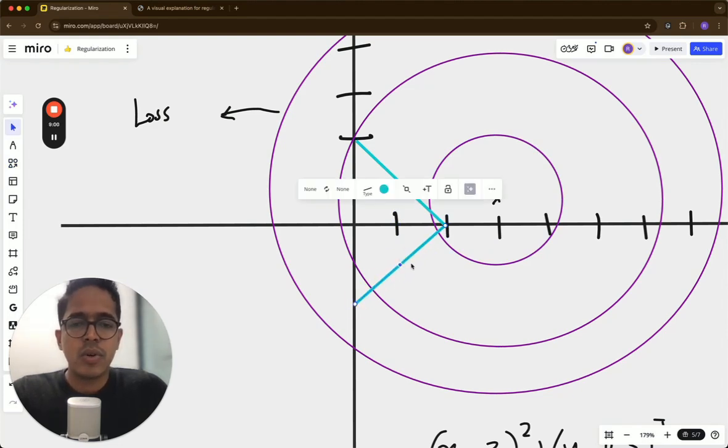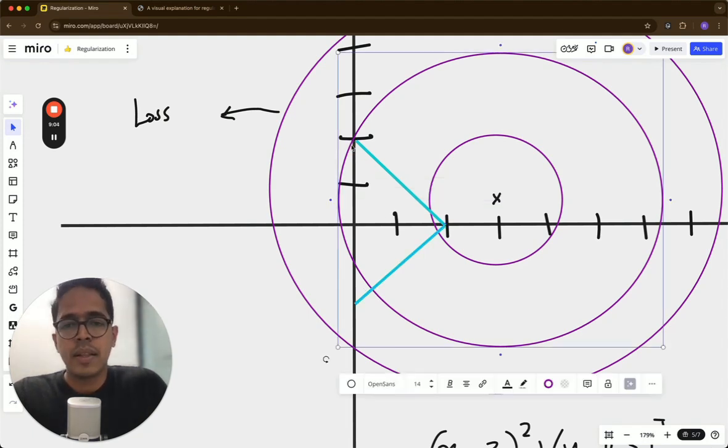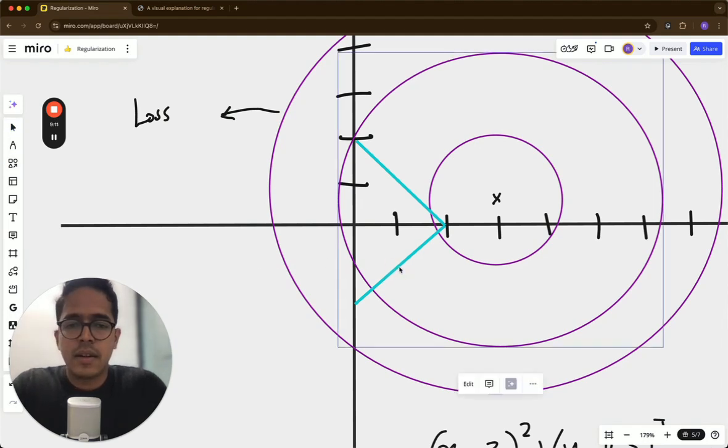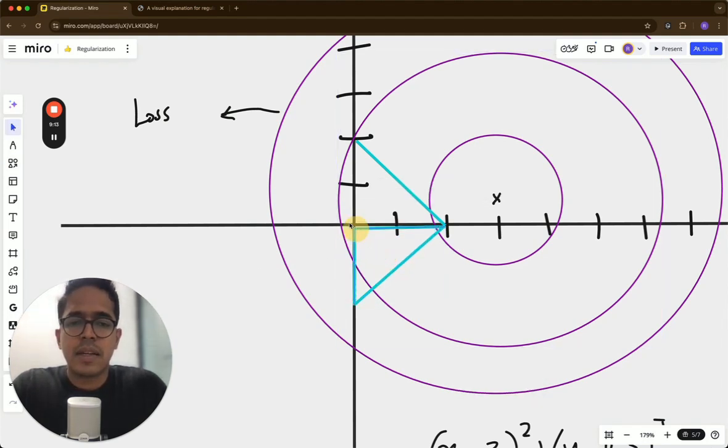Here x is equal to 2, and here y is equal to minus 2. Here also |x| + |y| is equal to 2. Let us draw one more line, or I can just copy paste the previous line, something that looks like this. This will also have |x| + |y| exactly equal to 2, and the same for this.